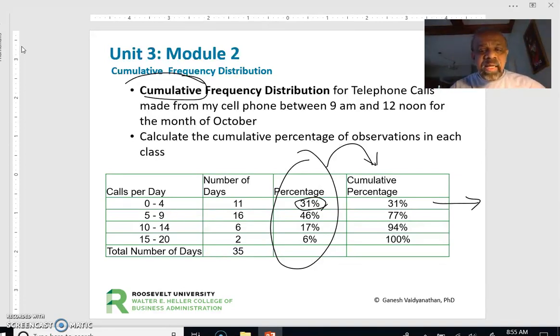For the second, I take this number and add it to my second bin number, that is 31 plus 46, and that comes to 77%.